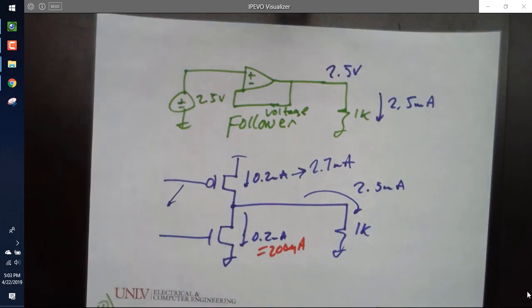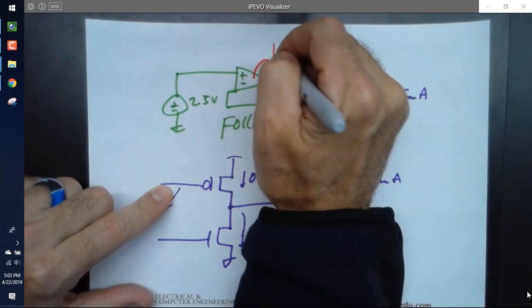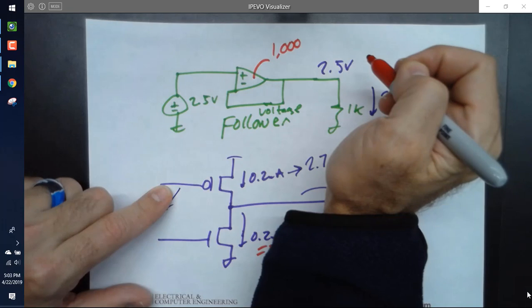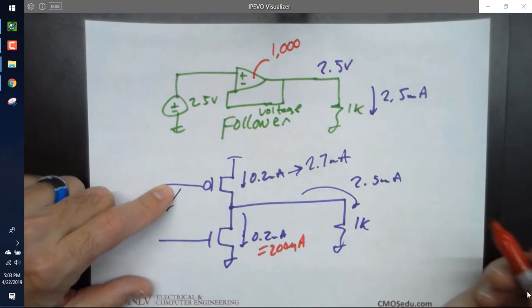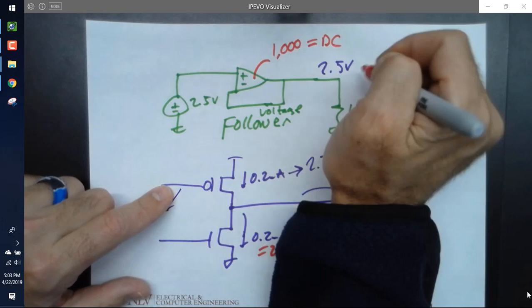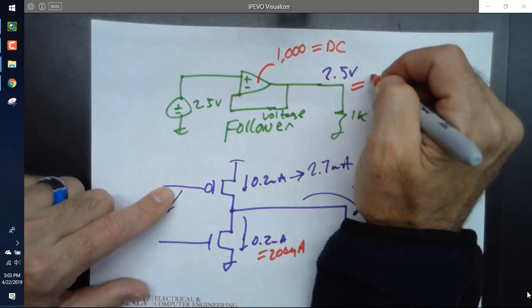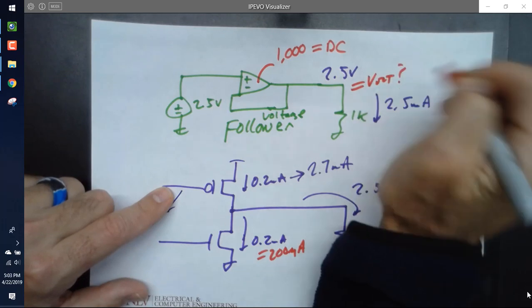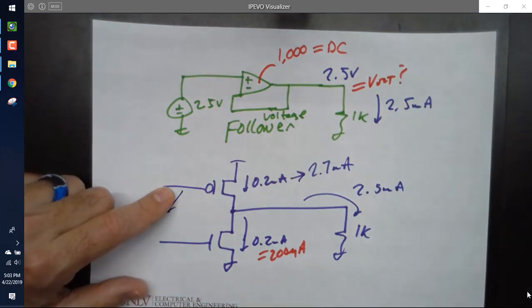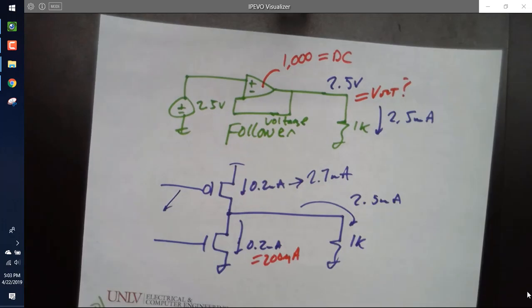I want you to calculate, if the gain of this op amp drops to say 1,000, all the voltages in this circuit. So the DC gain, I want to know what exactly the output is. Okay, what is this equal to exactly? Sound reasonable? So this is only DC.